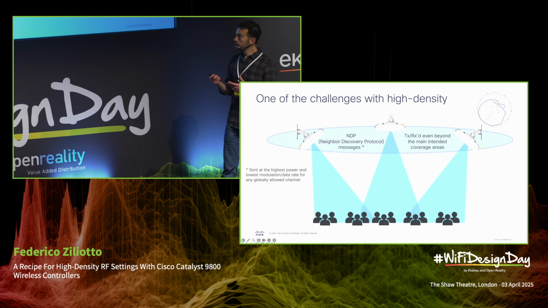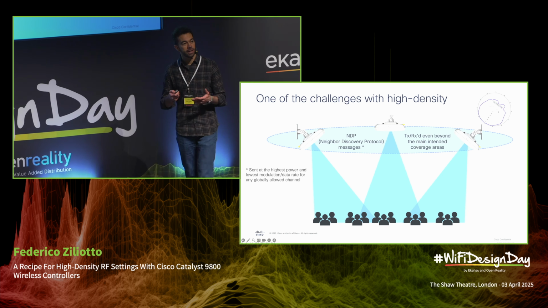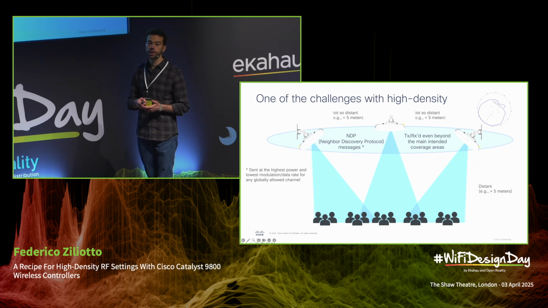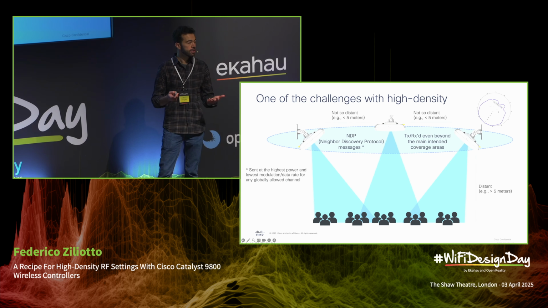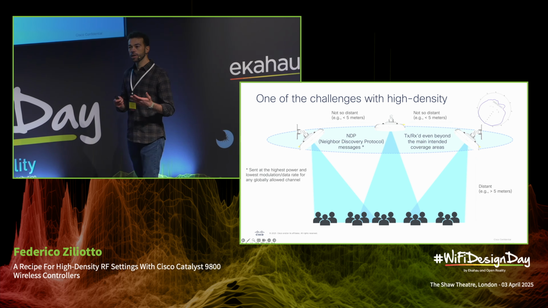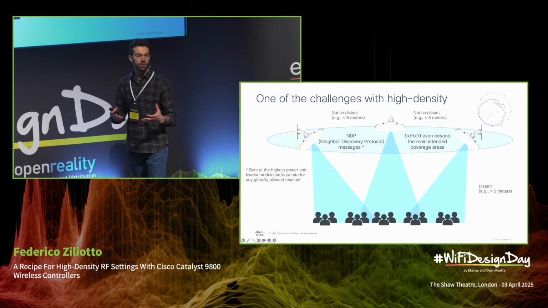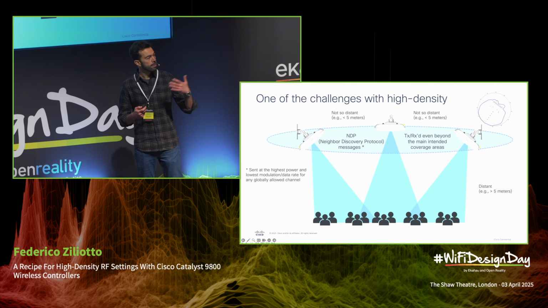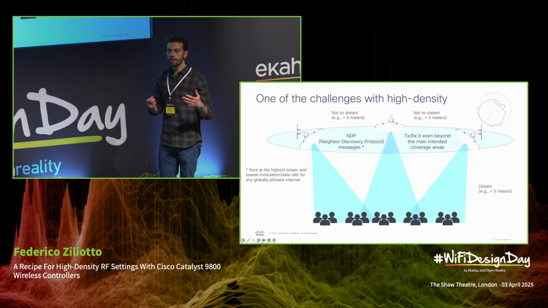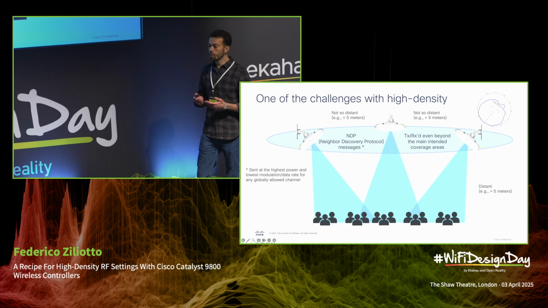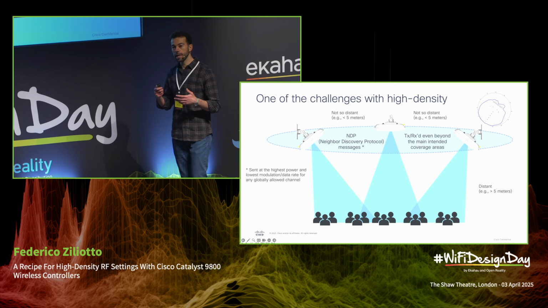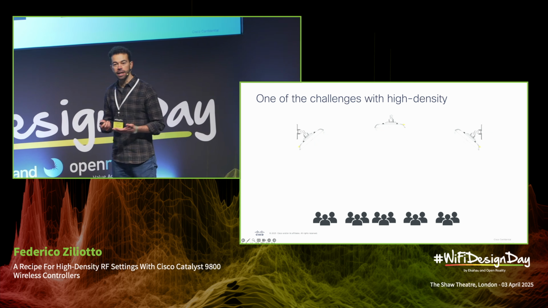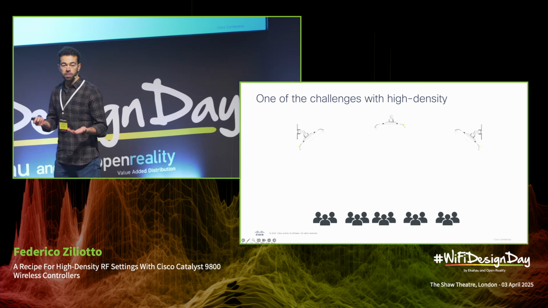Now, the challenge comes from the fact that usually for high density, or other types of environments as well, the access points are installed at some height, and at those heights, the access points may start getting a little bit packed together. The height at which they are installed usually becomes higher than the distances between the access points. So we end up with many access points up there that can speak nicely to each other.